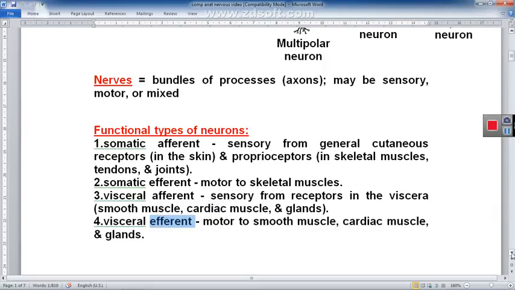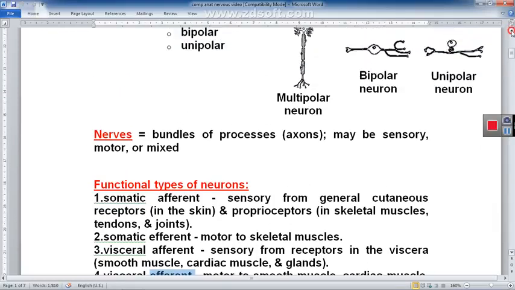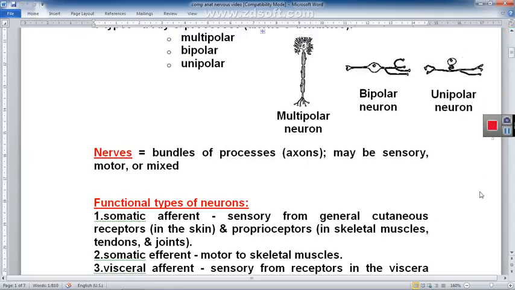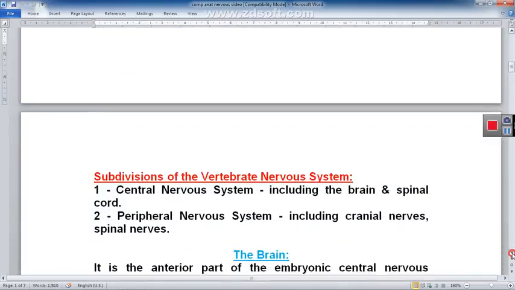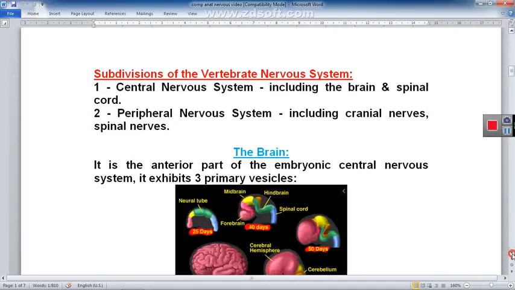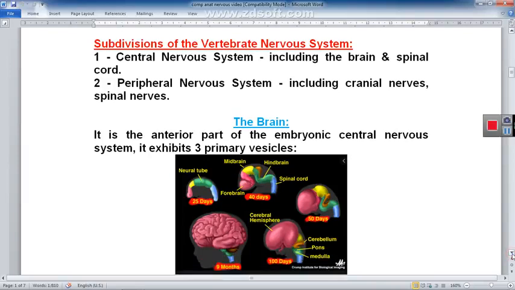So these are the 4 types of neurons according to the physiological function, while these are the 3 types of neuron according to the number of processes originating from the cell body. Generally, the vertebrate nervous system could be described to be formed of 2 parts, the central nervous system and the peripheral nervous system.